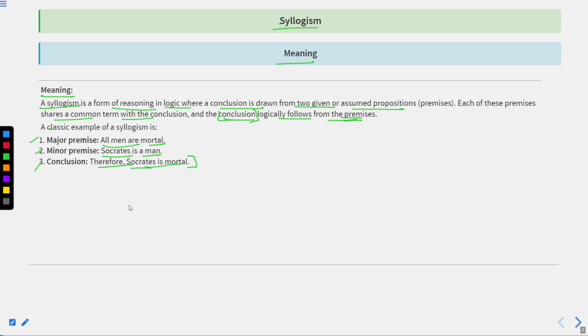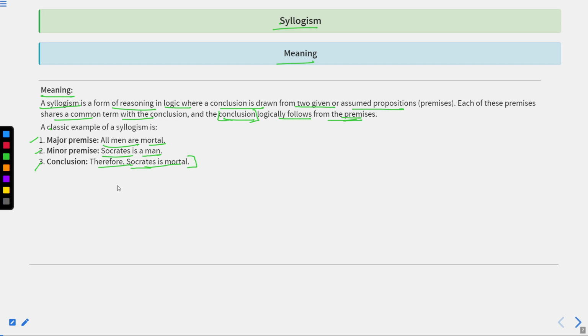Instead of this conclusion, they will mention that therefore Socrates is not mortal, and then they will ask you this question. Four options will be provided, in which you will be asked whether conclusion number 1 is true, conclusion number 2 is true, either conclusion number 1 or conclusion number 2 is true, or neither conclusion number 1 nor conclusion number 2 is true.